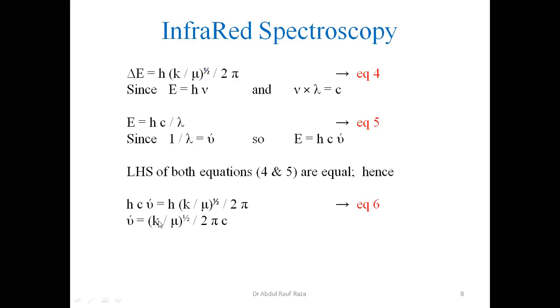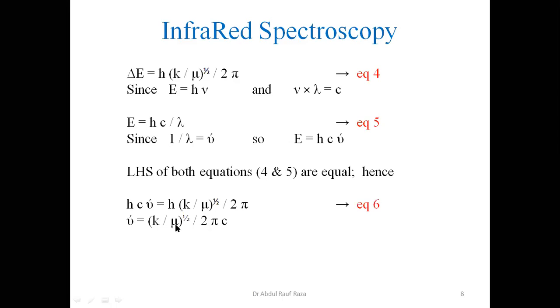If the force constant is higher for a bond, it shall have a larger energy gap. The wave number shall be larger, meaning it shall absorb at a larger value. If this is small, it shall absorb at a lower value. But it has an inverse relationship with reduced mass.